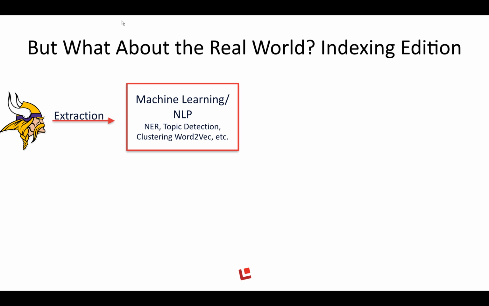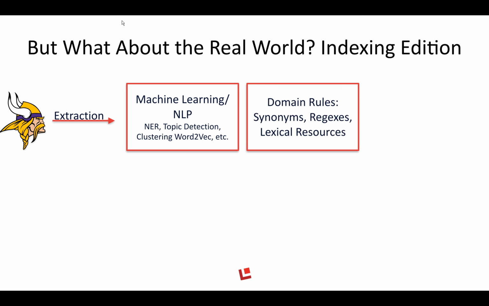And so as that data comes in, I might go do a whole bunch of things like named entity recognition, topic detection, clustering. I might use some synonym expansion capabilities like Word2Vec, and then still pass those through my domain rules, etc.